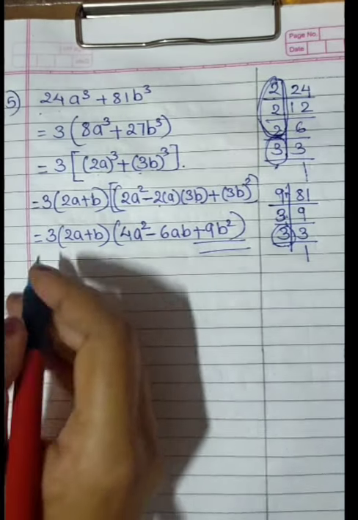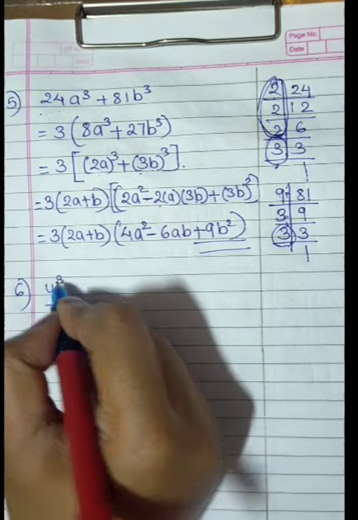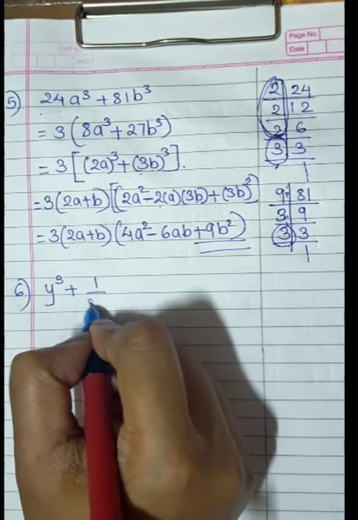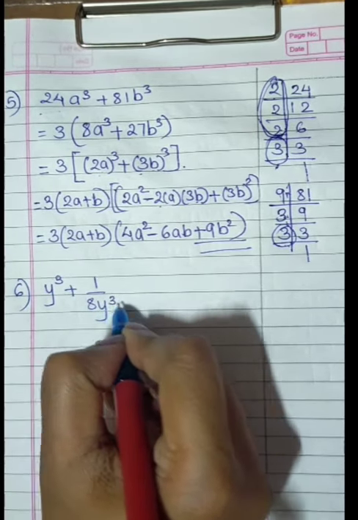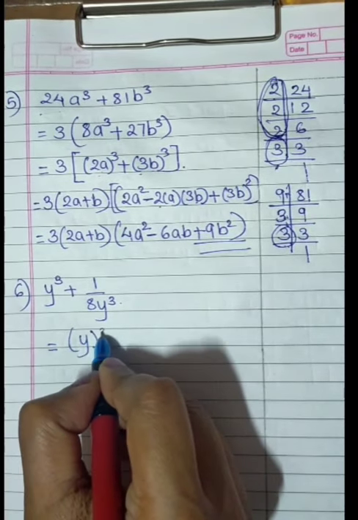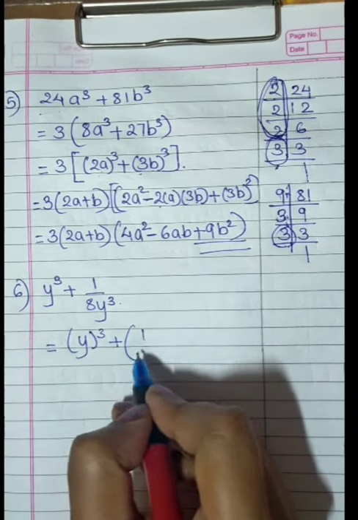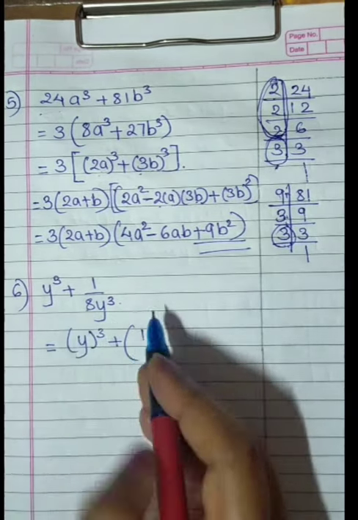Now we are going to solve question number 6, that is y cube plus 1 upon 8y cube. So y cube plus 1 upon cube of 8 is 2y.